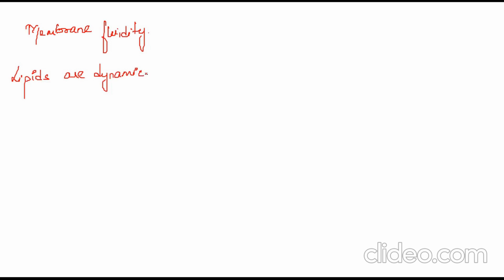That means they are able to move freely. They are able to move laterally with ease. The up-down movement is dependent on ATP. We will see that. So they very easily move laterally.